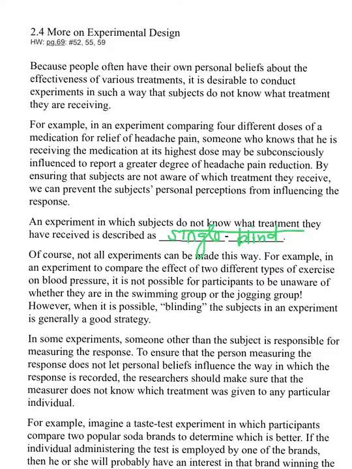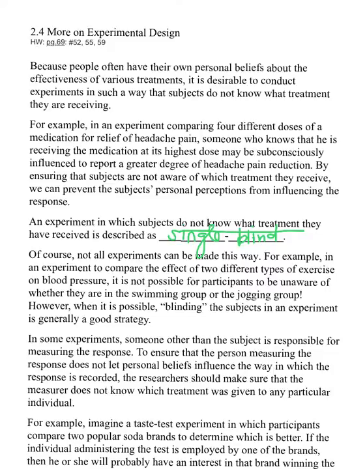Another example would be our temperature in the classroom example. If somebody knows that they're in the 65-degree room and they really don't like cold, they might purposely bomb the exam just so they don't have to be in another cold room again. So if possible, it's nice to make an experiment single blind so that the individuals in the experiment don't know what treatment group they're in.